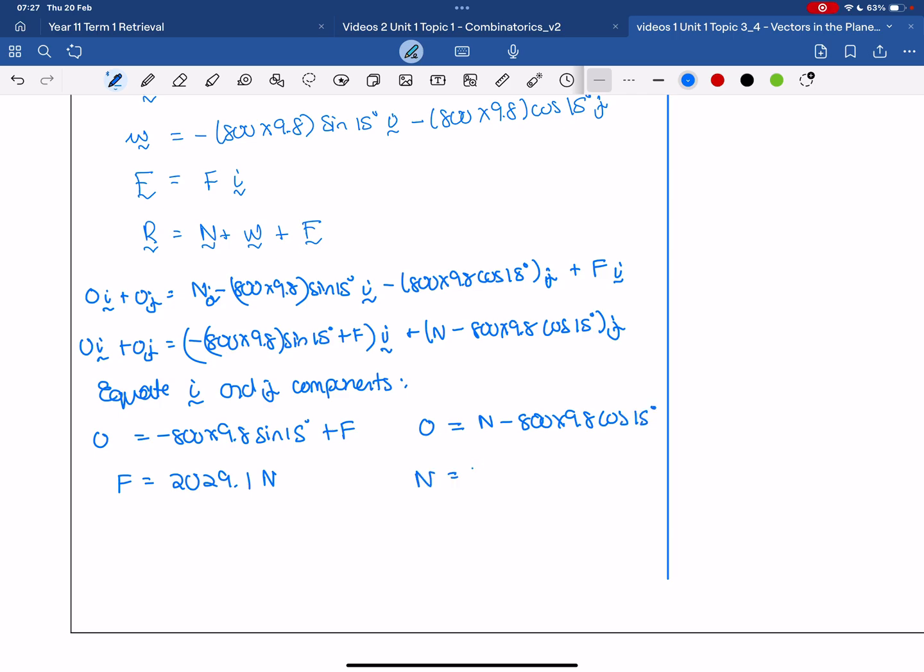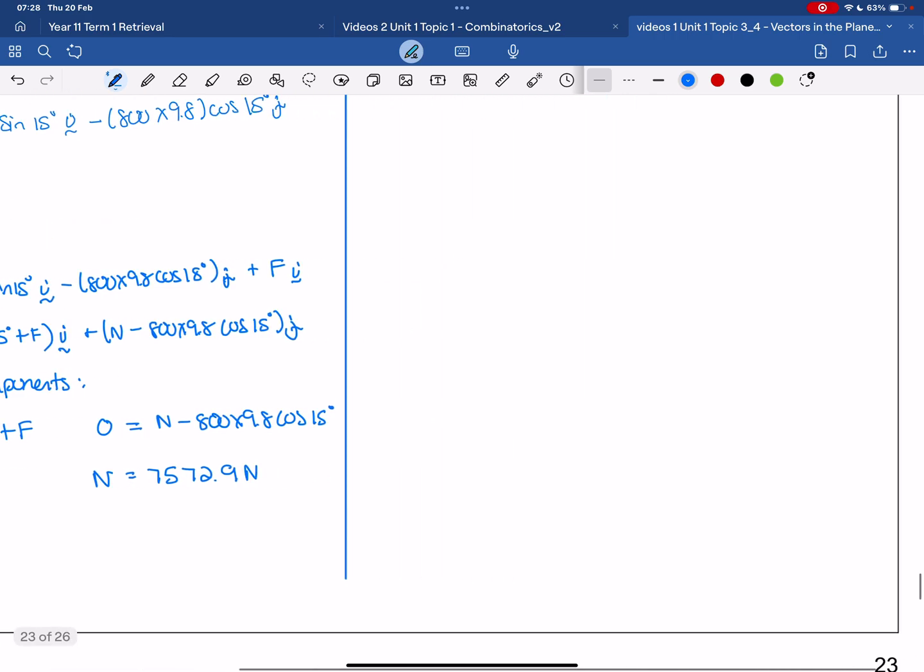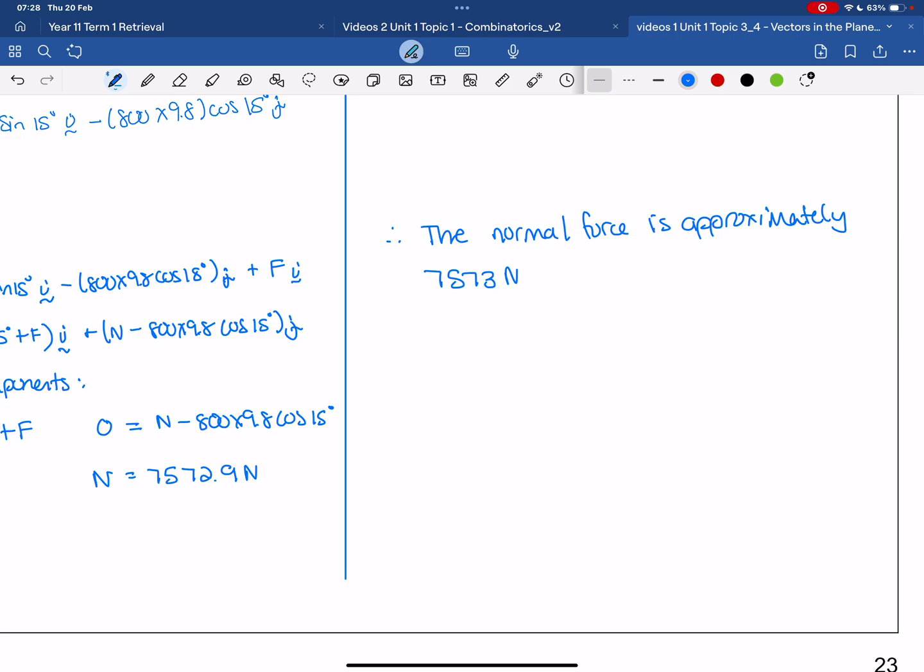So my N, or my normal contact force, is 7572.9 newtons. So therefore the normal force is approximately 7573 newtons, and the braking force is approximately 2029 newtons.